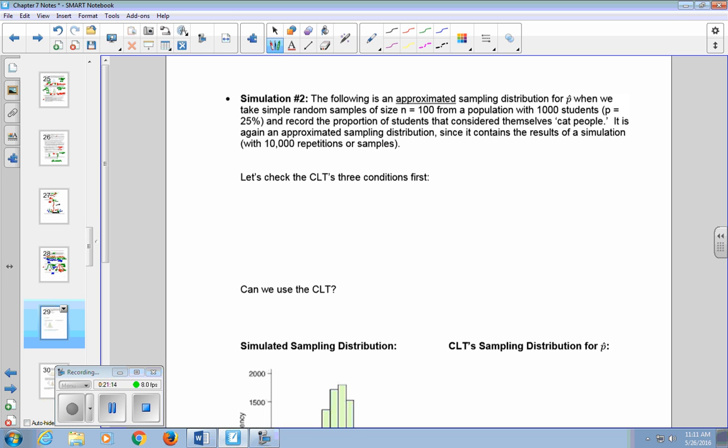So let's check those conditions. Again, we want to double check: were random samples collected, and were the observations independent of each other? So we're going to say that has been met. That question is yes. So we're going to check sample size.